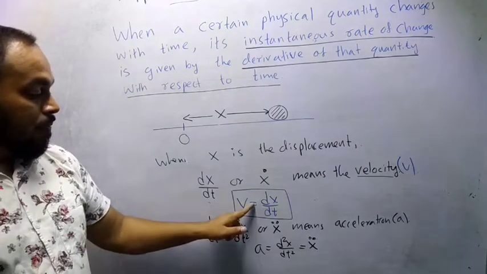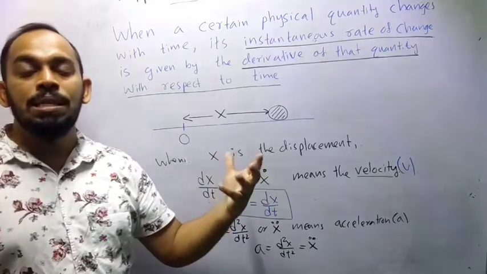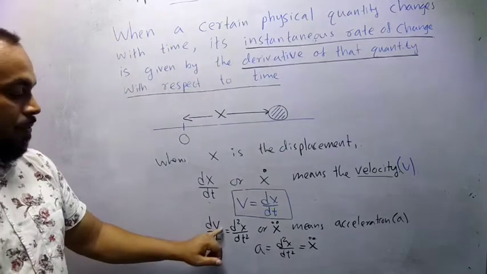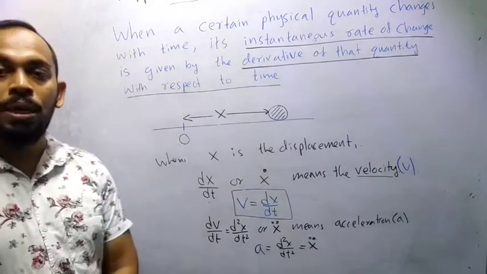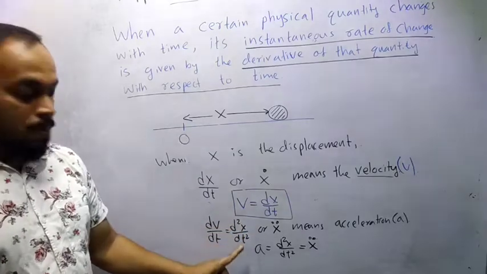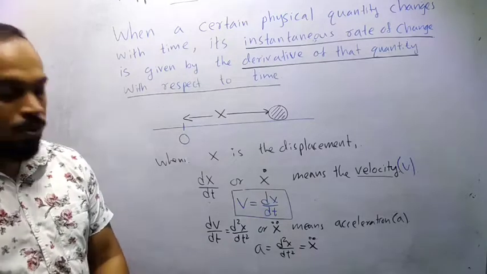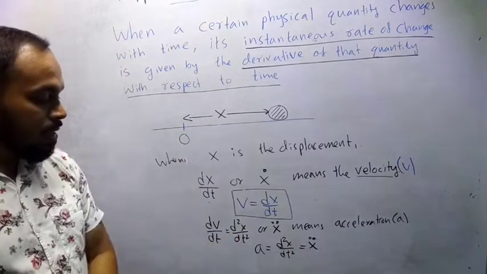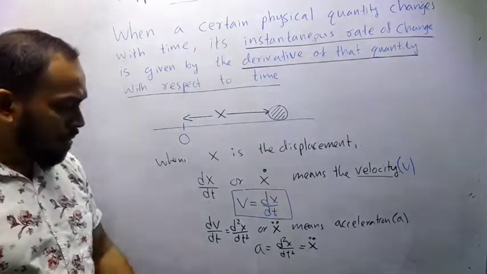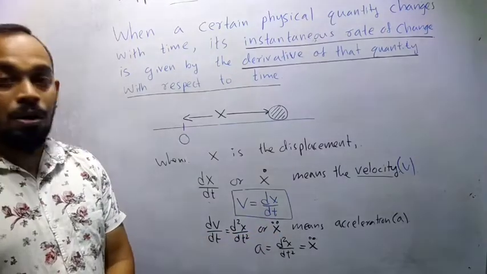And when you differentiate velocity with respect to time, dv by dt, that gives you instantaneous acceleration. So that is the second derivative of the displacement with respect to time, d squared x by dt squared, or simply put, x double dot.